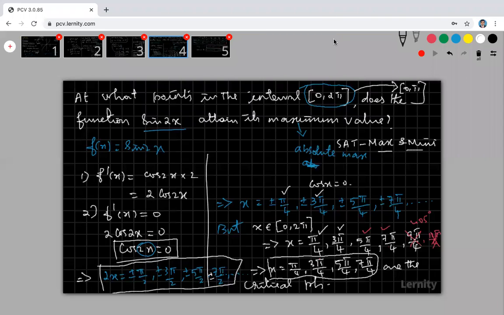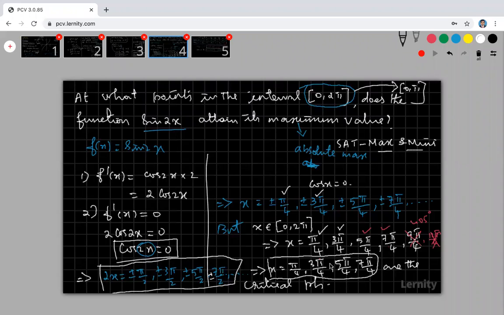Are you okay? Yeah, correct. Niranjana, correct. Vimal, pi by 4 and 3 pi by 4 both. Stanley, up to pi by 4, correct. Very good. So based on the interval, you choose your x values.